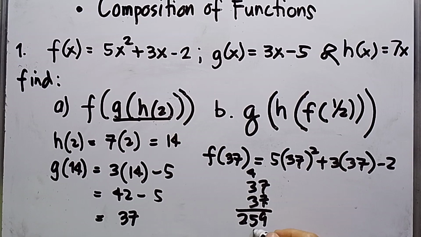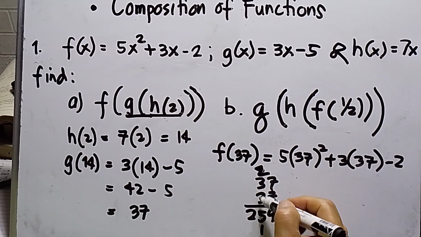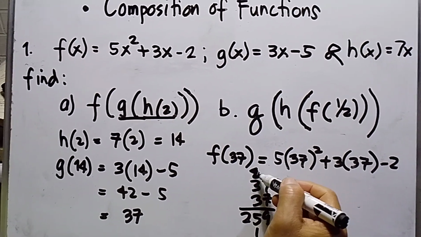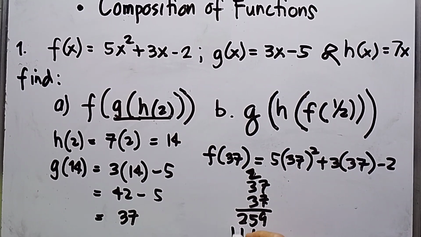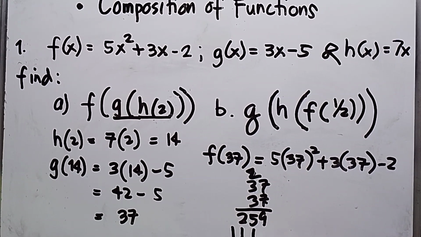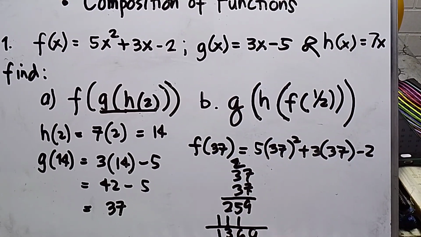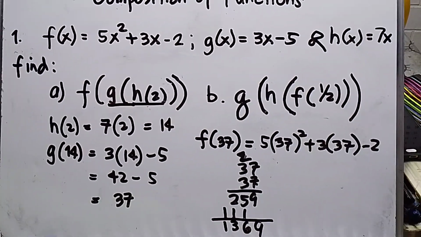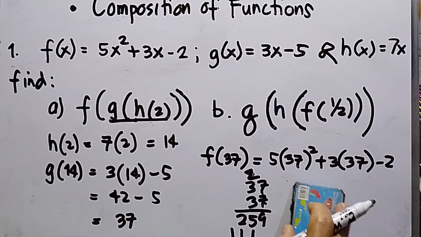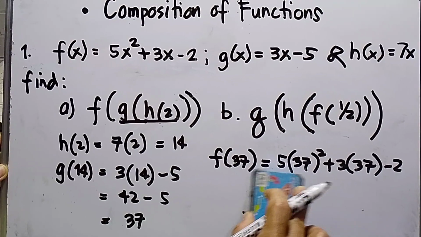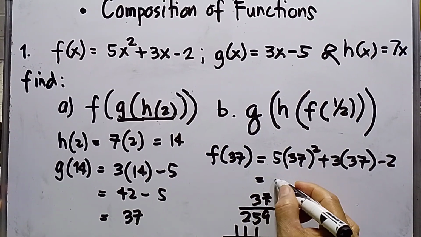Then 7 times 3 is 21, carry 2. 3 times 3 is 9, plus 2 is 11. So this will be 9, 6, 3, 1. So I've got 1369.